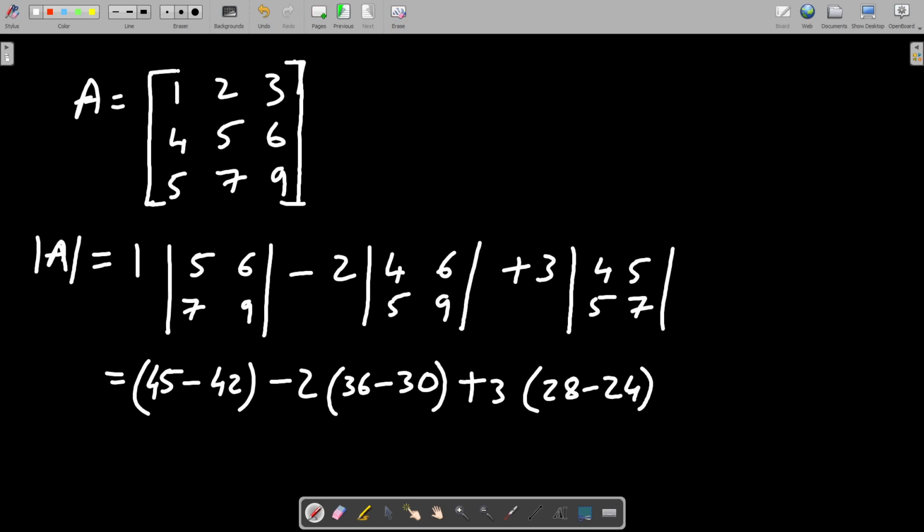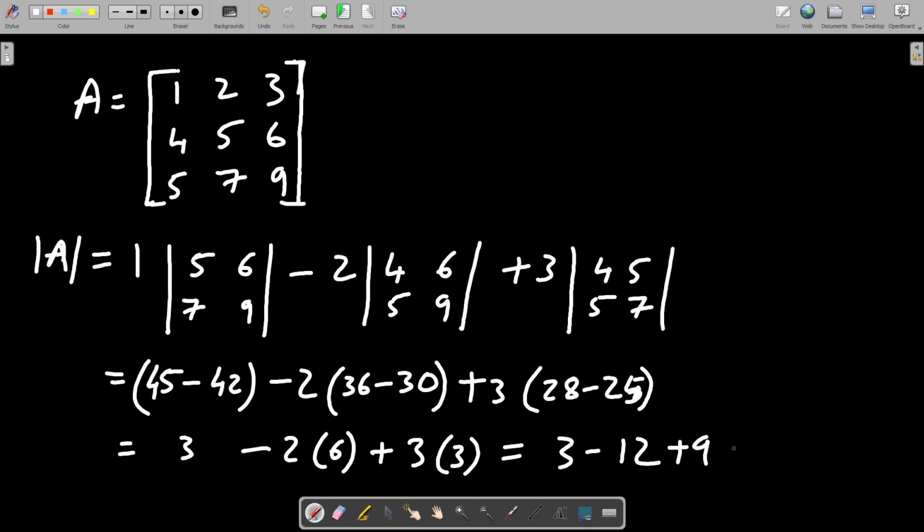Sorry, 25. So this will leave you with 3. This leaves you with 2 into 6. And this leaves you with 3 into 3. So this is equal to 3 minus 12 plus 9. As you can see, this sum is 0. So hence this property is true.